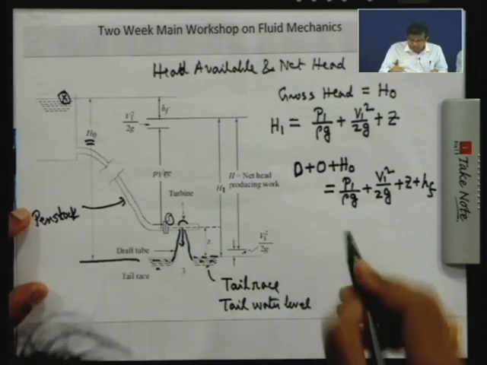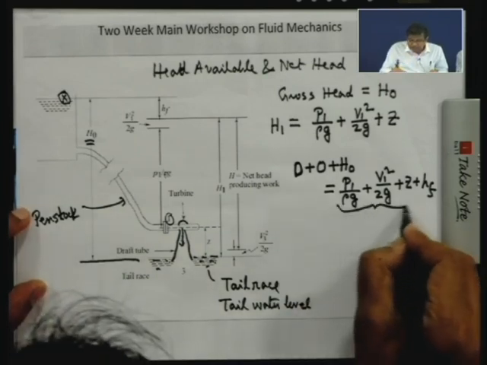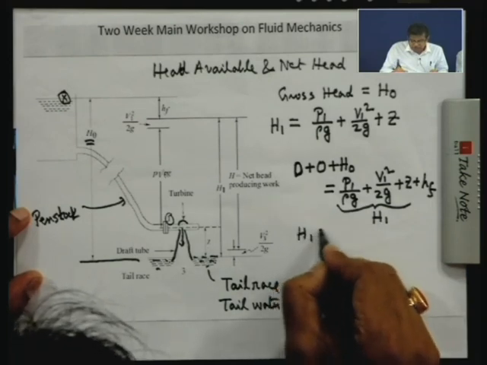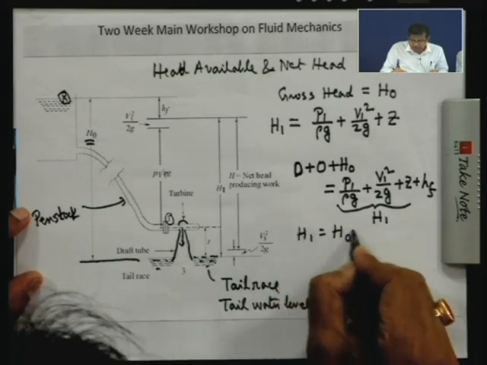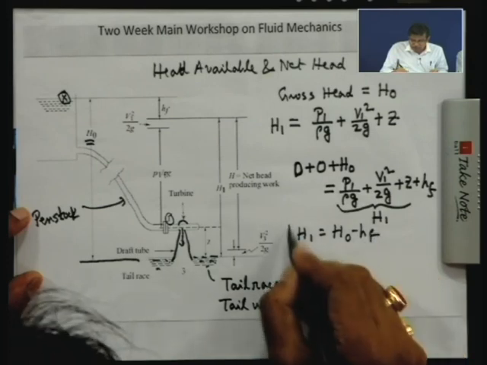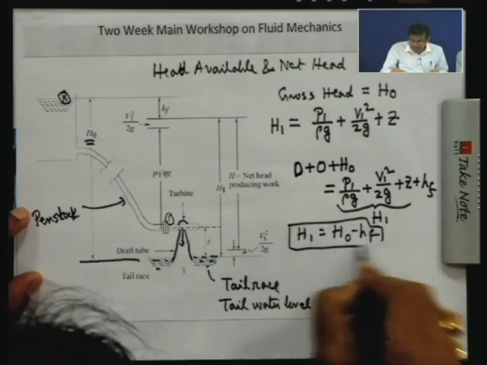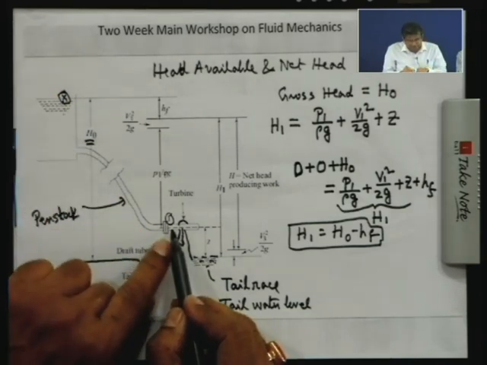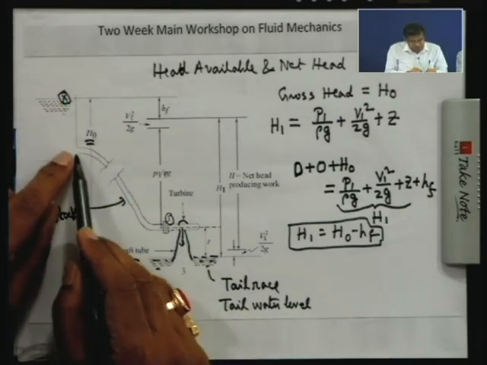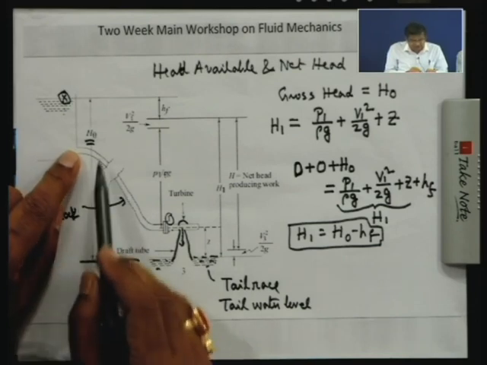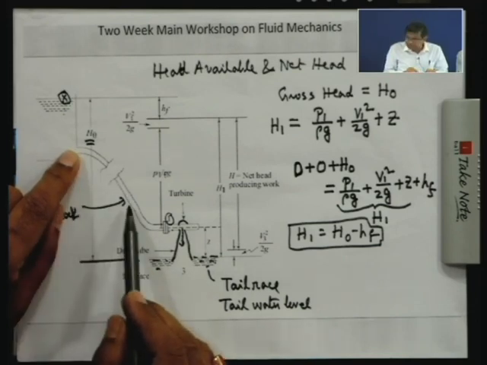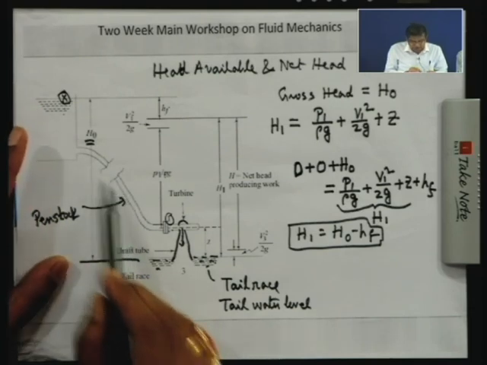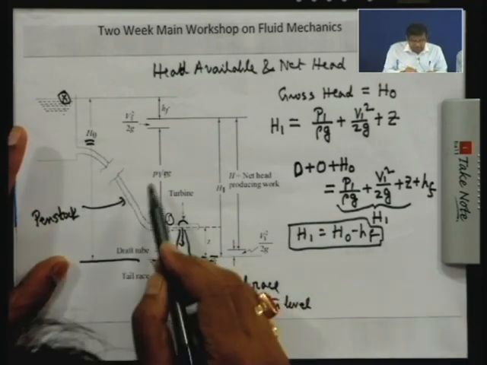So, therefore, this is the head available at inlet to the turbine. Head available at inlet to the turbine is H0, which comes from common sense; even a child can tell, oh, this is the gross head. So, head available at the inlet to the turbine will be this gross head minus the losses that it incurs. These losses are the skin friction losses, and if there are expansion, contraction and bend losses, all these losses together give this H1.